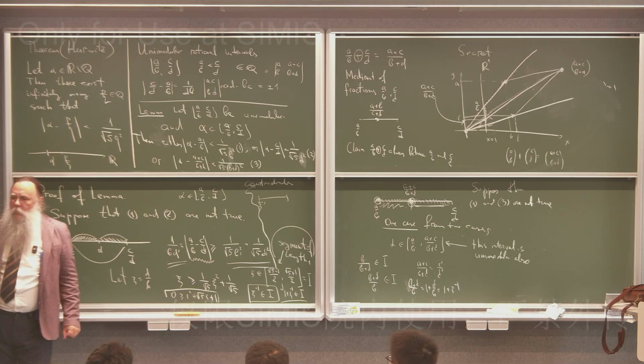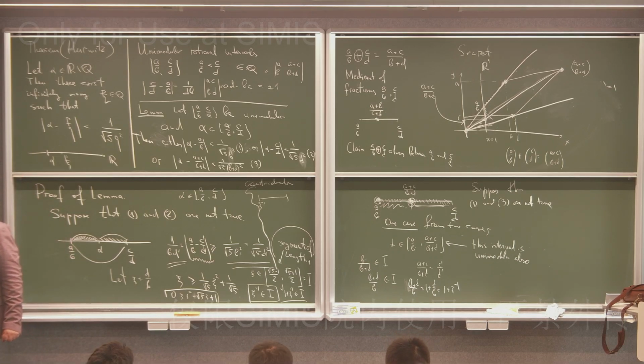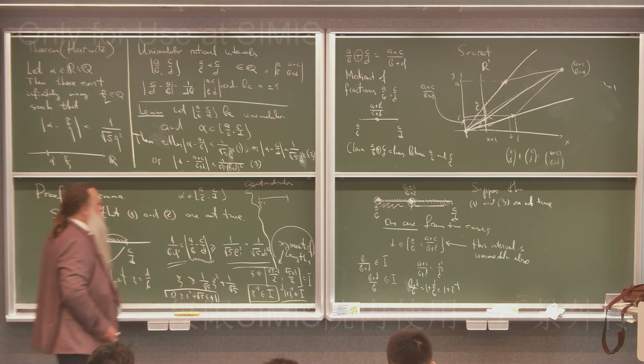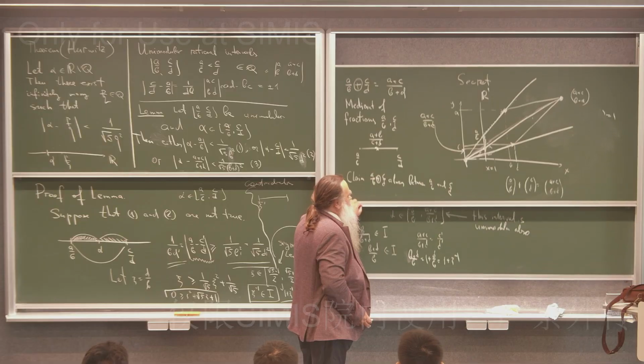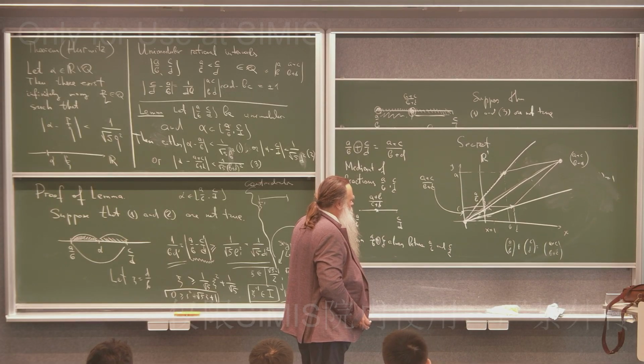Now our task is to construct infinitely many such approximations for irrational numbers. For this purpose, we will introduce one more object, which is called the Stern-Bracot sequence.